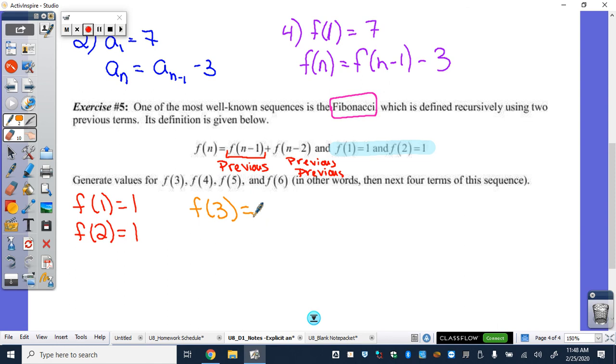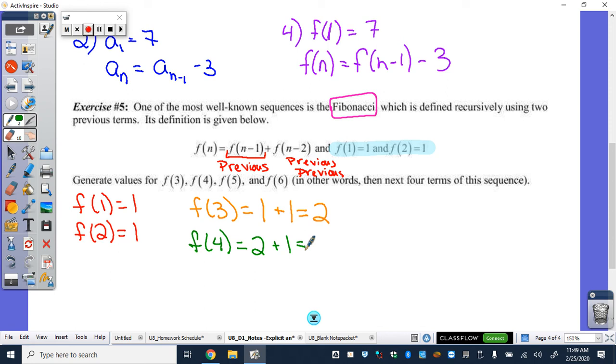So to figure out our third term, again, following our rule here, it's the previous term, which would be the second, which was a 1, plus the one before that, which was also a 1. So our third term is a 2. So our fourth term is going to be the one before it, which is the third, which was a 2, plus the one before that, which was a 1.